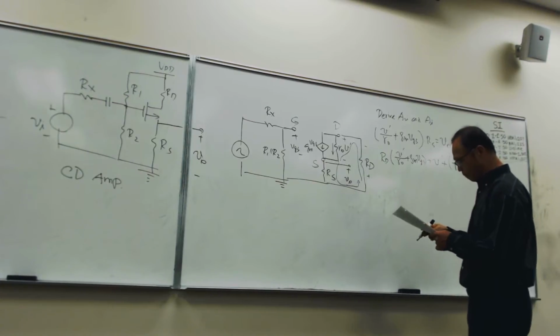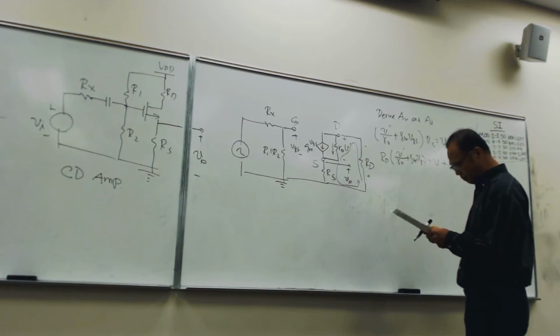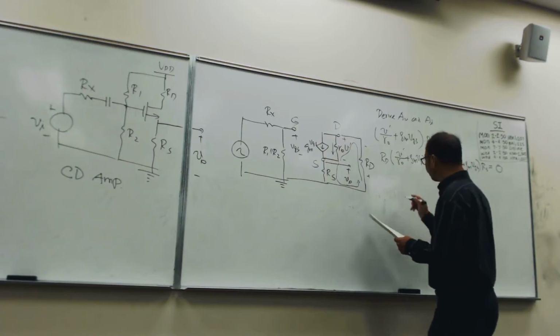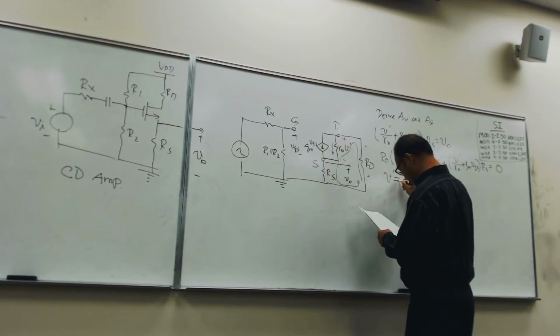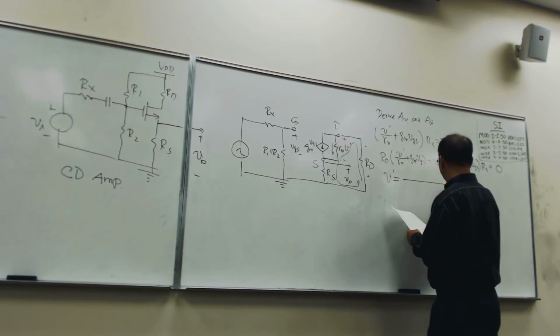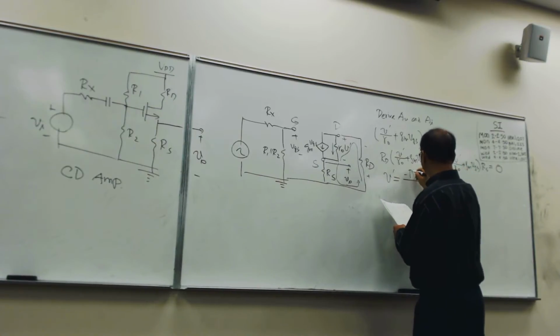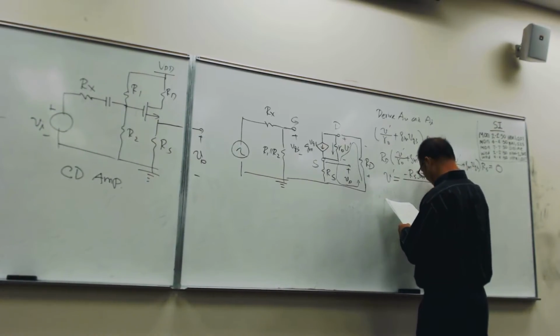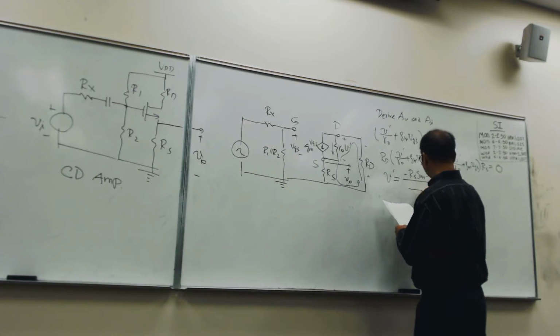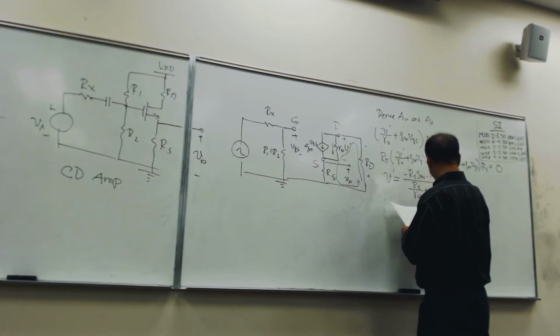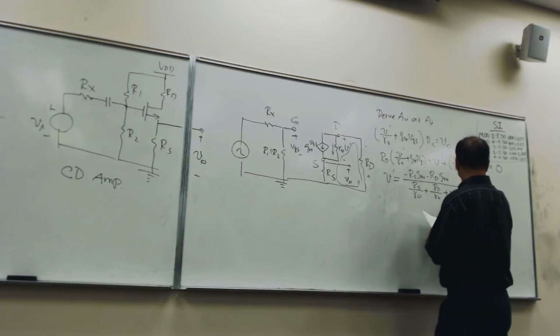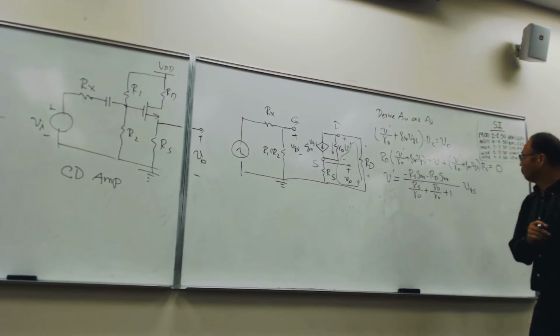So it's going to take a while, but at the end, you'll find that V sub prime is equal to, okay?